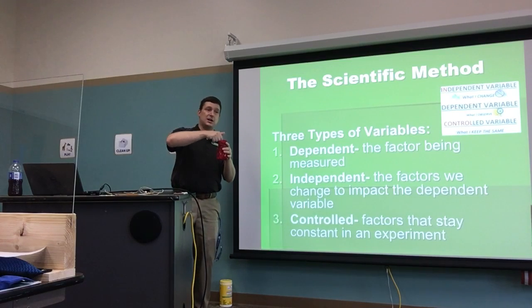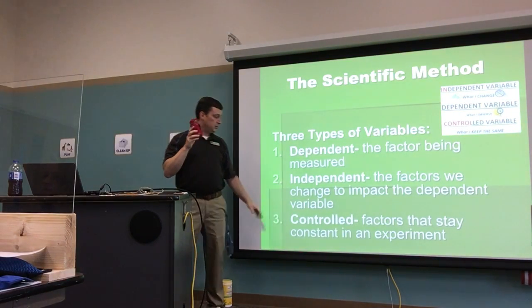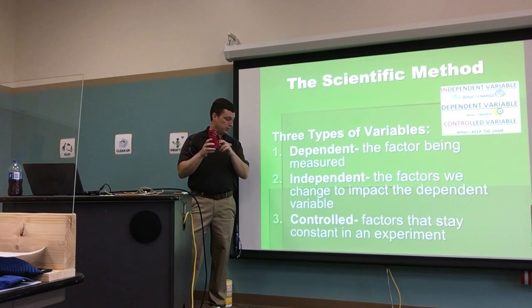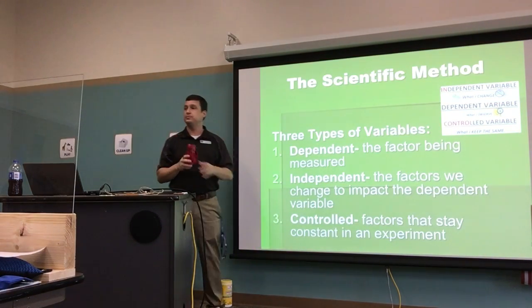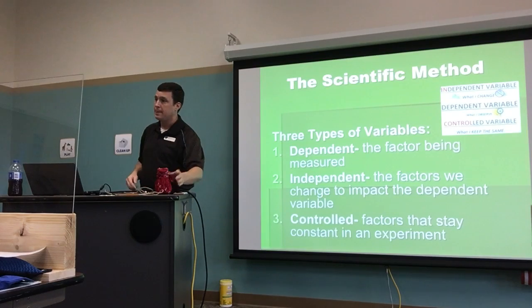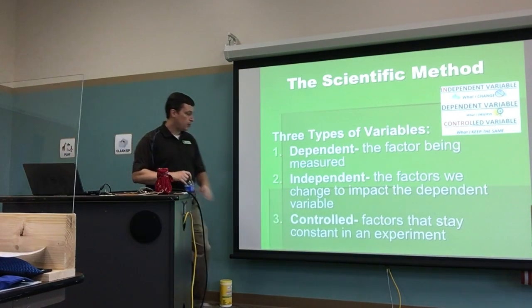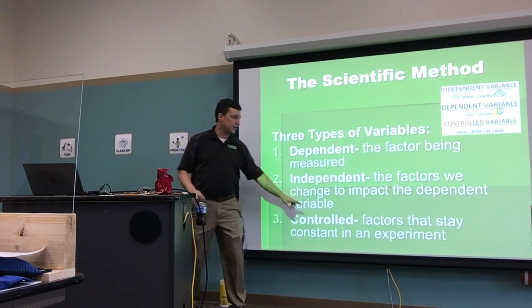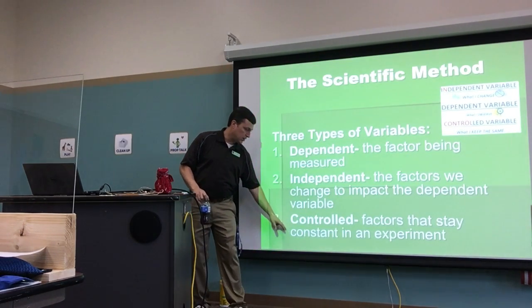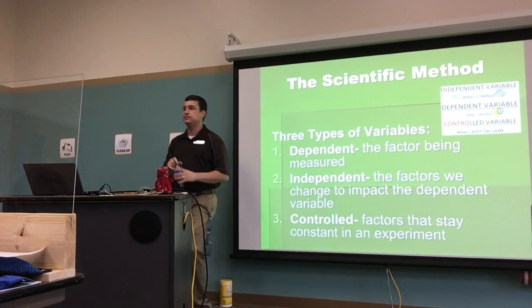The ball inside never changed. So we would say that the bottle and the ball were controlled variables. They never changed at all. Yes? What does the definition say for control on the bottom? Oh, right here. I'm sorry. It's kind of low, isn't it? Control variables, they're factors that stay constant or the same in an experiment. You're welcome.